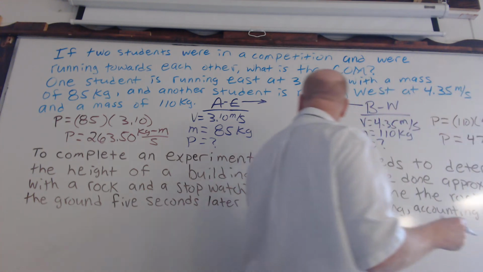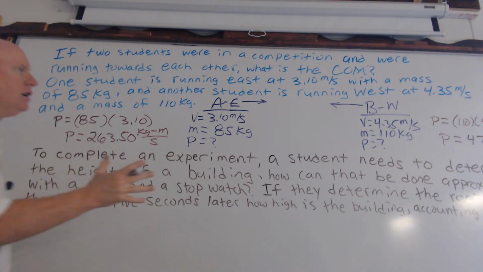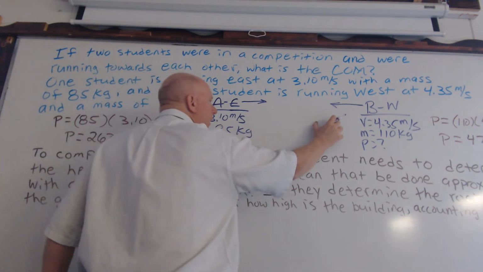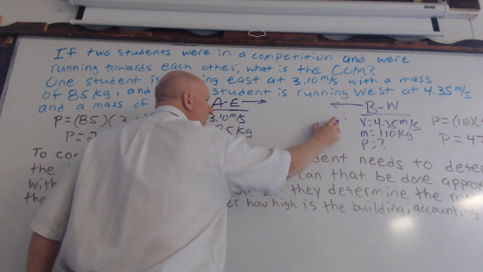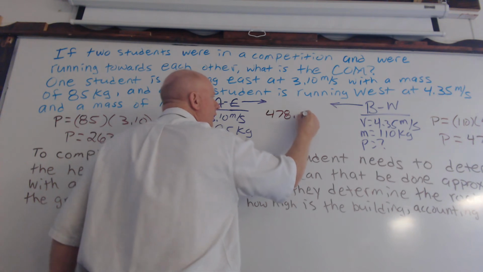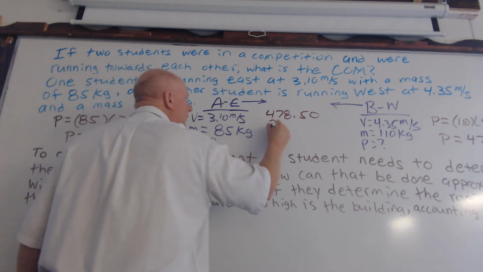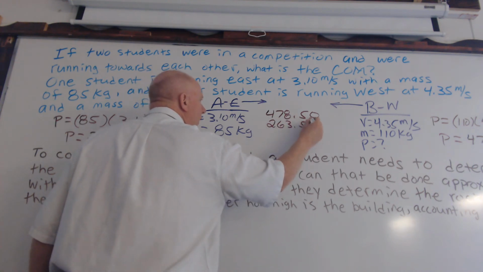But remember, this is a conservation of momentum. In this case, student B has a larger momentum. So we've got 478.50 and 263.50.